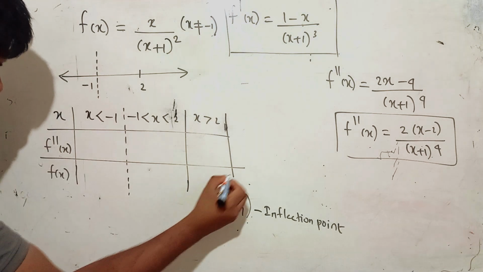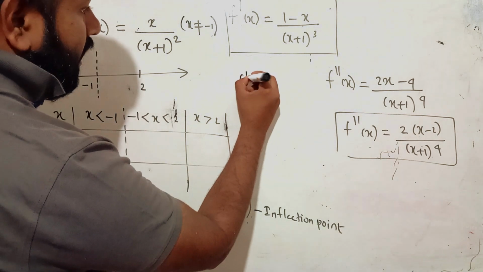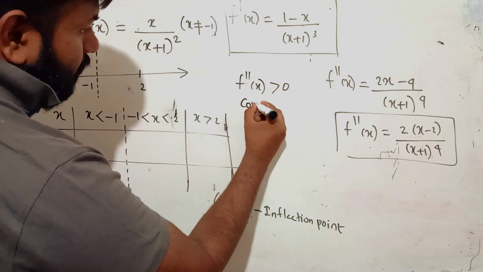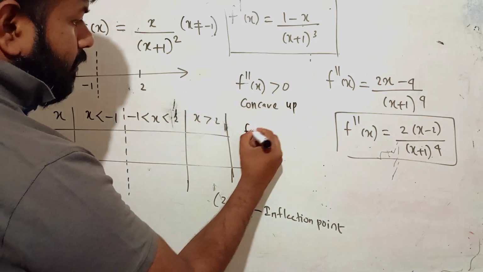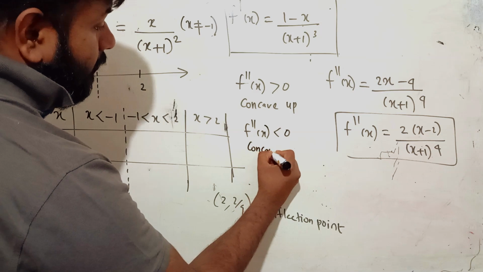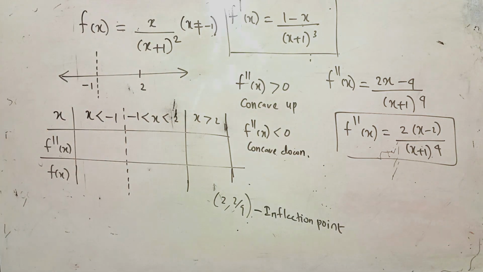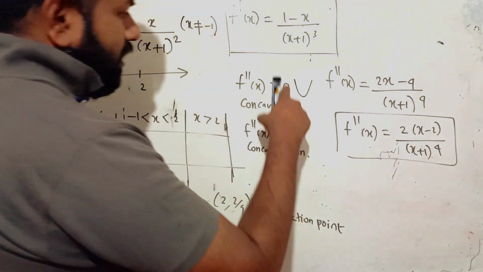Always remember, when f double dash x is positive, the graph is concave up. When the second derivative is smaller than 0, it is concave down. Concave up means if a graph has a part like this, it's concaving up.